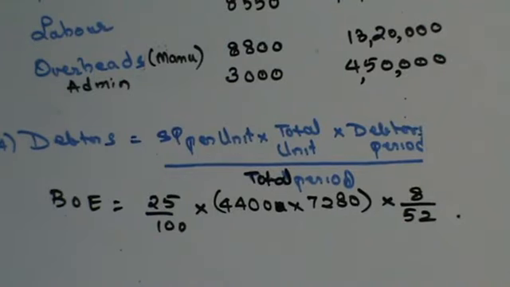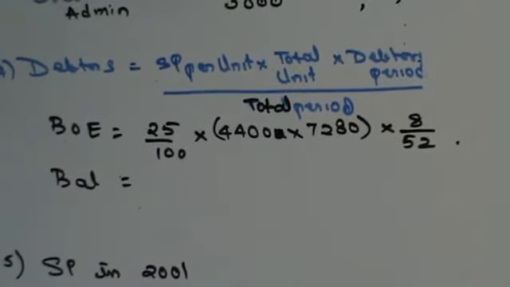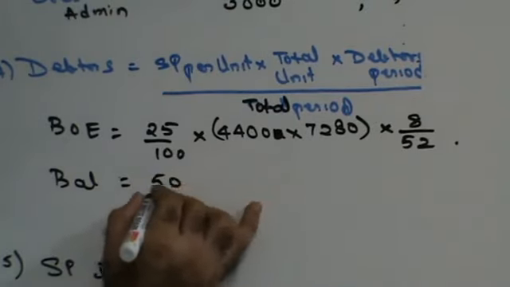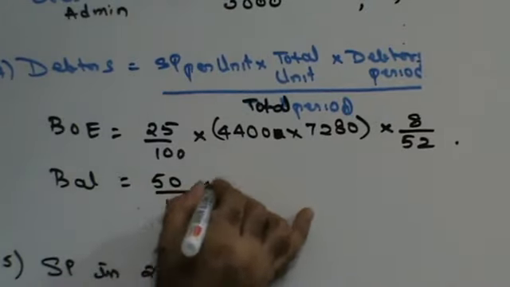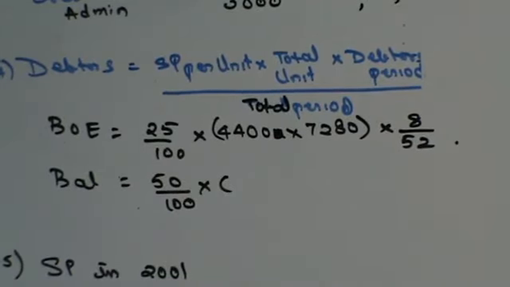Next, they have also said that the balance debtors. Now see, 25% is cash, 25% is bills of exchange. Out of 100%, 50% is gone. So that leaves me with balance 50%. Total is 100%, out of which 25% is cash.